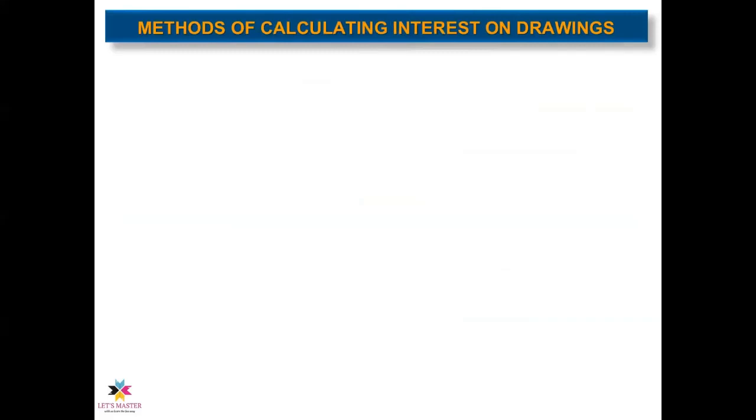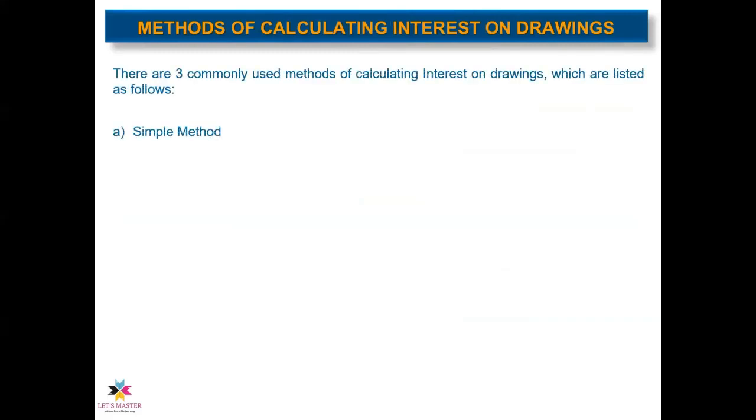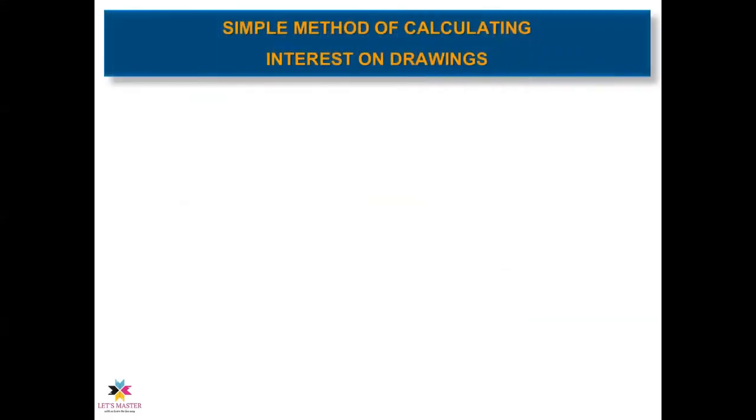Now let's look at the methods of calculating interest on drawings. There are 3 commonly used methods for calculating interest on drawings: simple method, product method, and average period method. We will go through all these methods in detail one by one.